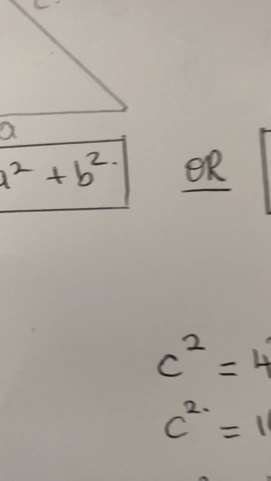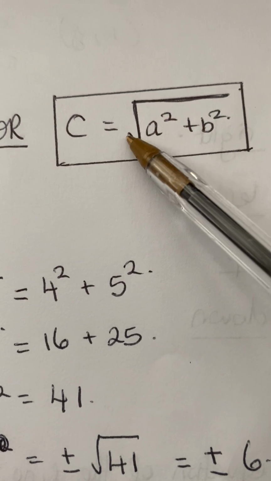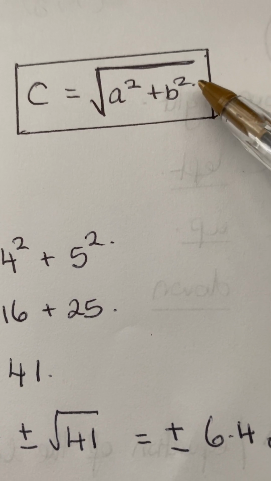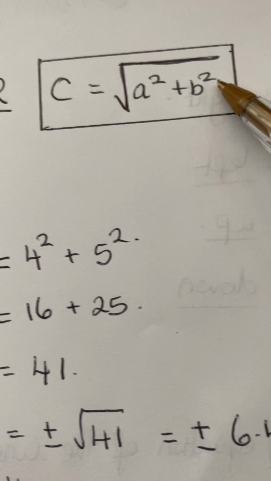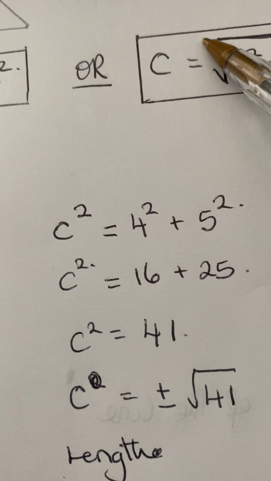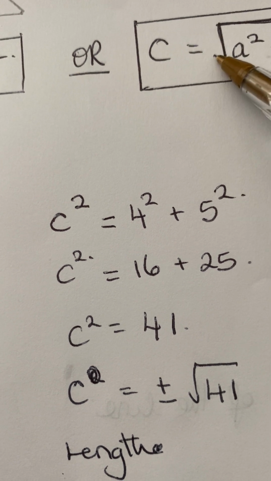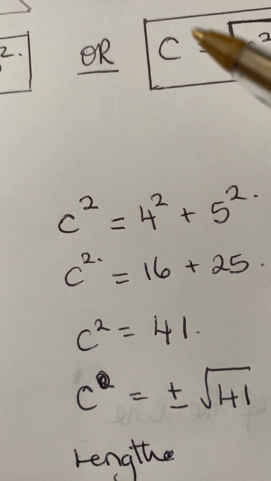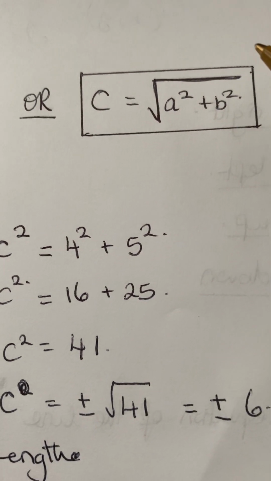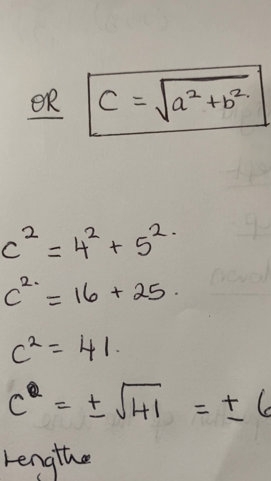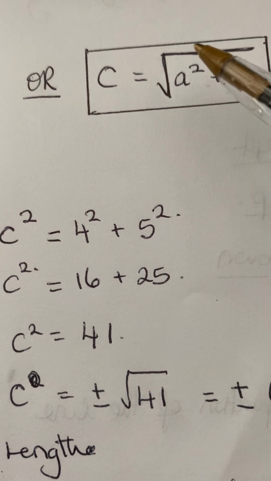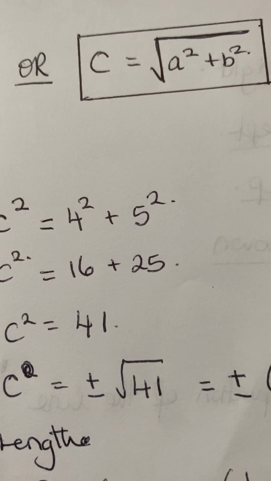Or C will be equal to plus or minus the square root of A squared plus B squared. Because it's length, you don't normally bring the plus or minus, but today I'm bringing it to remind you that if you are doing length questions, your answer cannot be negative.